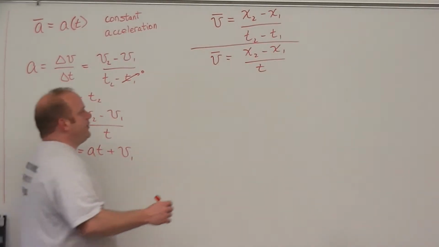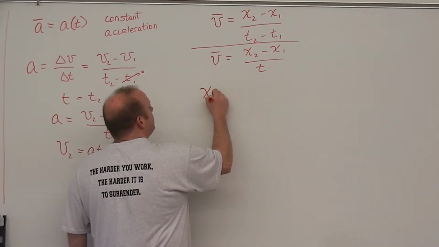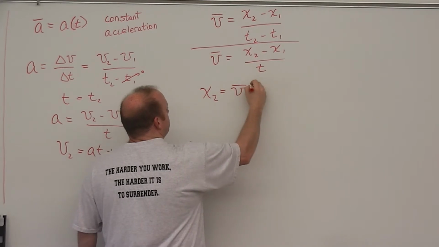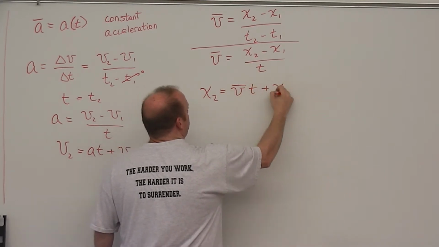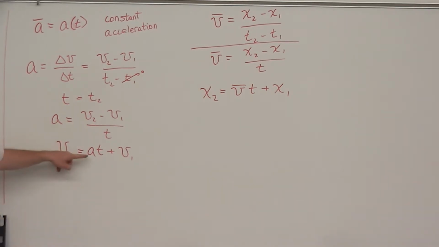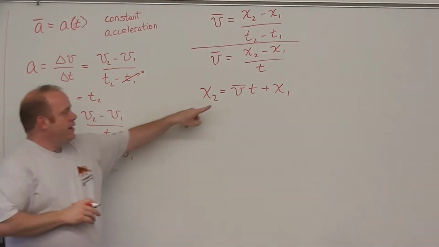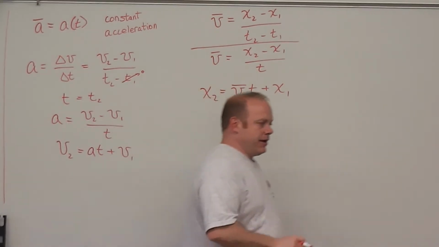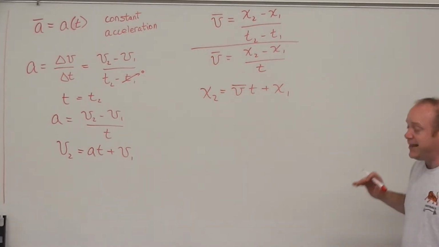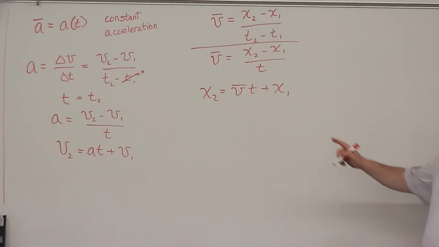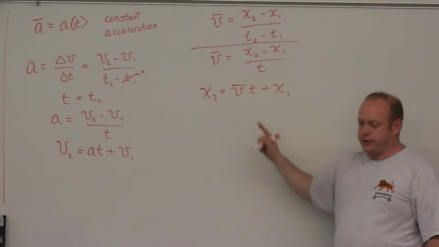And then I can rewrite this: x2 is equal to my average velocity times time plus x1. Now you say, well, here you took away the average acceleration. Here you didn't take away the average, you kept it as average velocity. Yes, I did. In this case, my velocity is changing. My velocity is changing, my acceleration is not. So I still have to keep this as average.